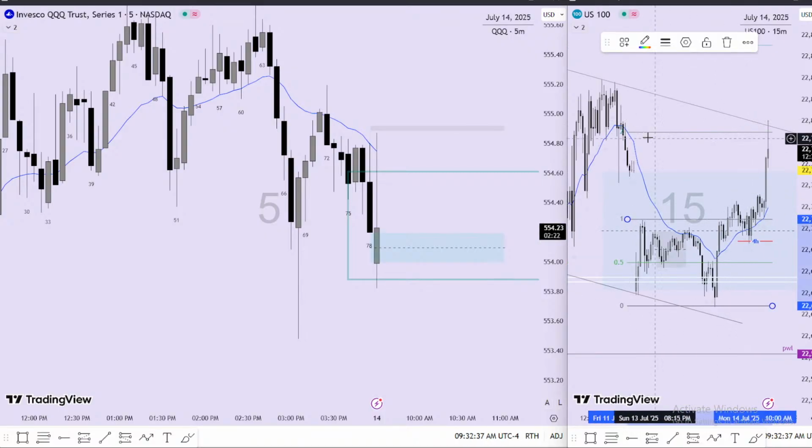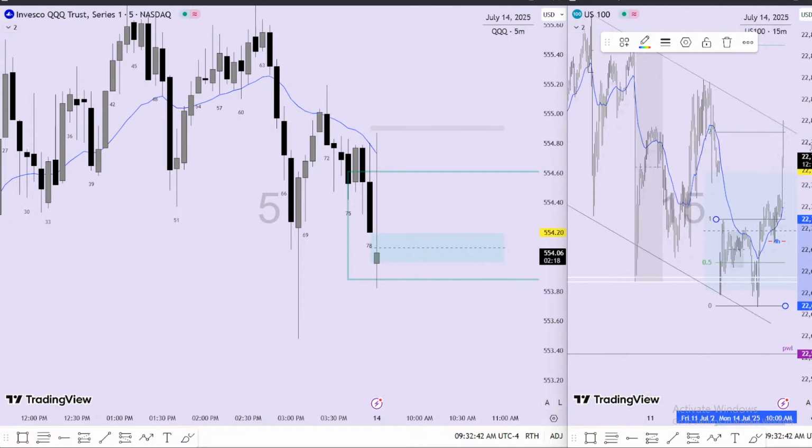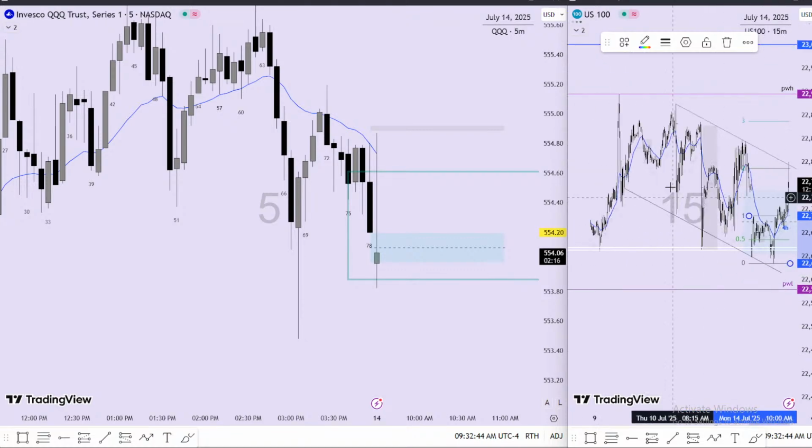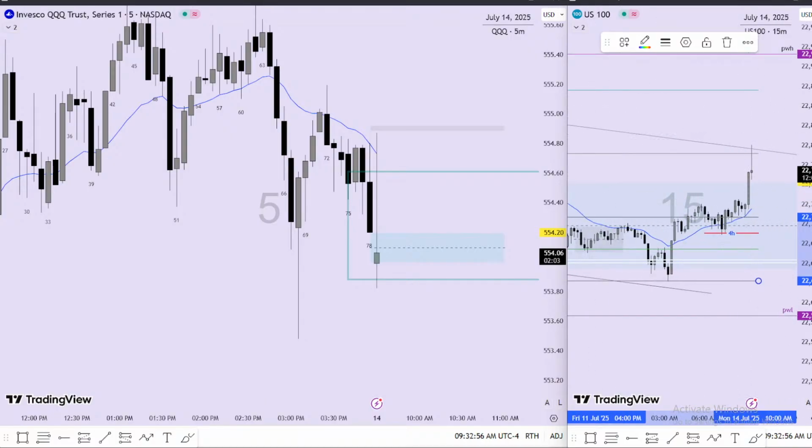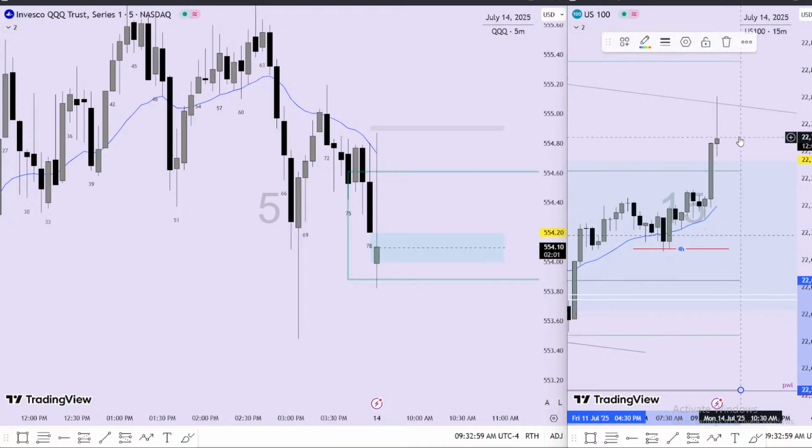We are right at the single standard deviation of this range. Pushed one time, two times, and this was the third time. Now we are retesting the upper portion of this channel. I want to see what sort of reaction we will get.